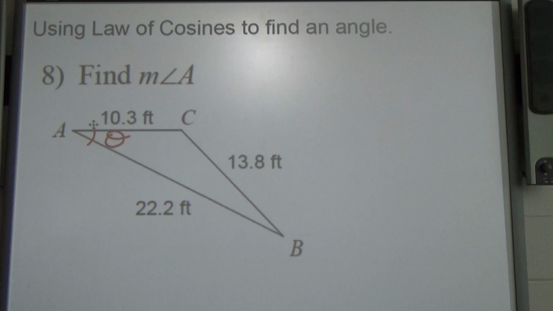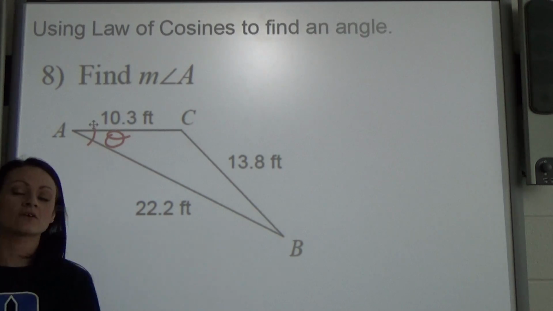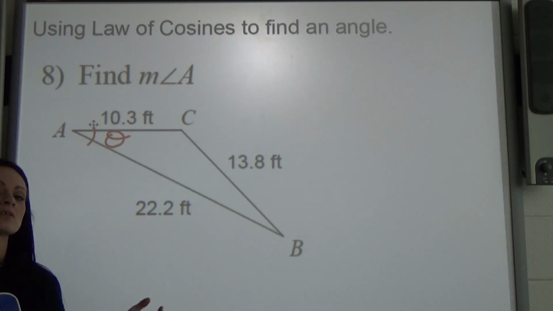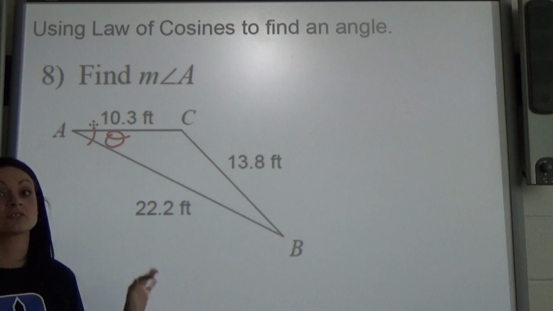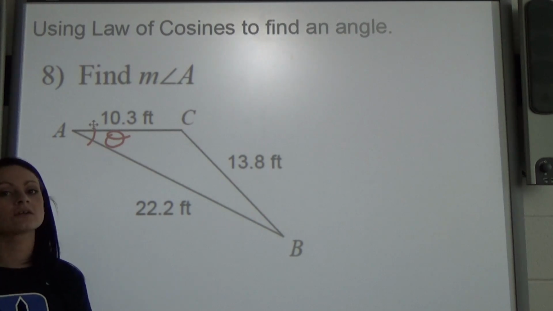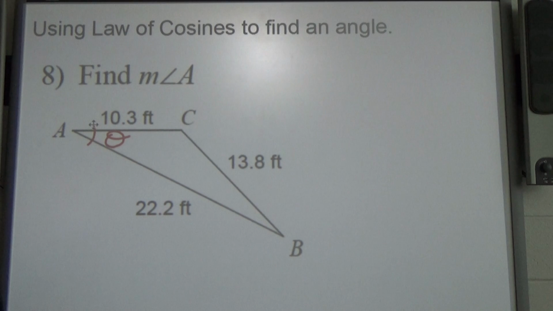What I want you to try to do this evening is see if you can set up how this would go into my law of cosines equation, and we'll talk about the process of actually solving for the angle in class tomorrow. But see if you can take the time and set up what the actual equation would look like for this problem that I've posed to you. And like I said, we'll talk about this tomorrow.